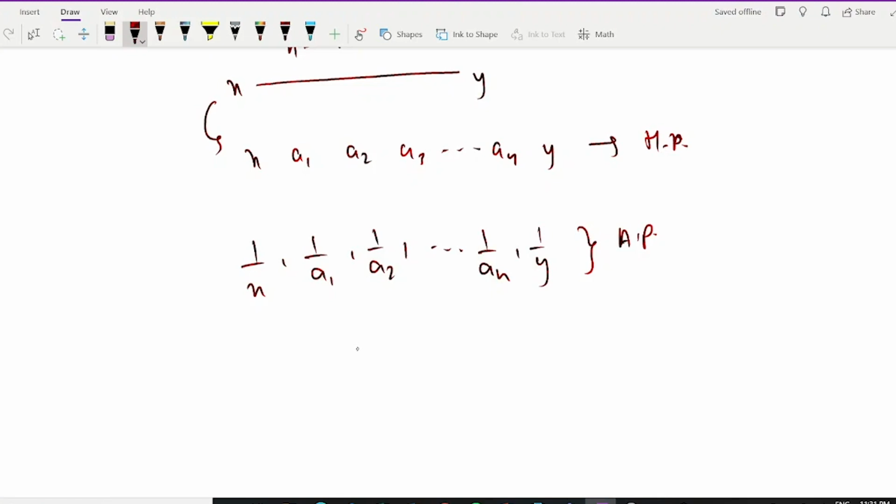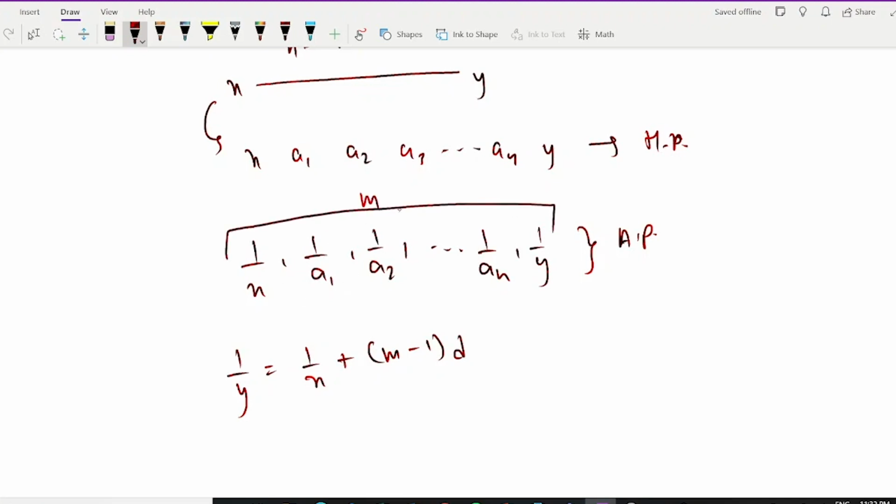Now here I can write 1 by y is equals to 1 by x plus (m minus 1)d. m will be the number of these terms. Now I know m is equals to n plus 2.